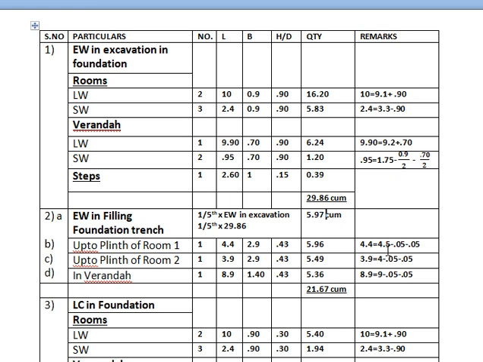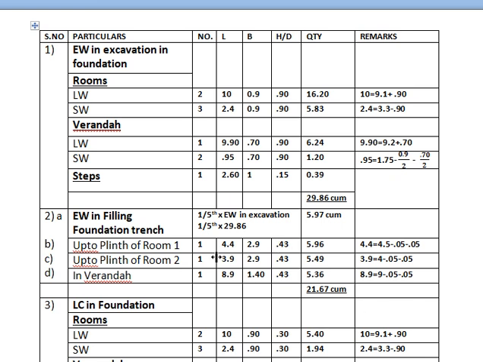Similarly, its width is 3 meter. We have to provide offsets on both sides. The value for the offset will be 0.05 meter, so 0.05 meter on one side and 0.05 meter on the other side. Together it will be 0.1 meter. Therefore, it is 2.9.